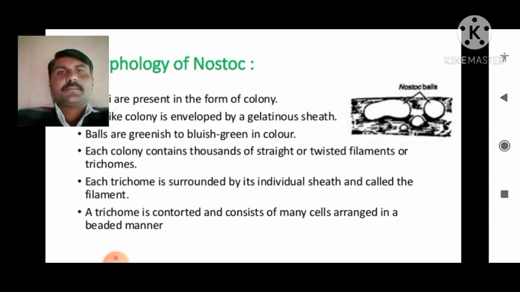We have seen the systematic position of the genus Nostoc, occurrence and the habitat of the alga, reproduction by means of asexual reproduction, and the life cycle.